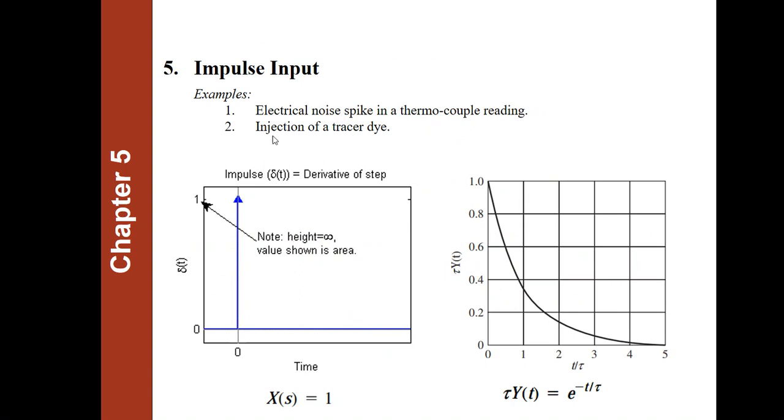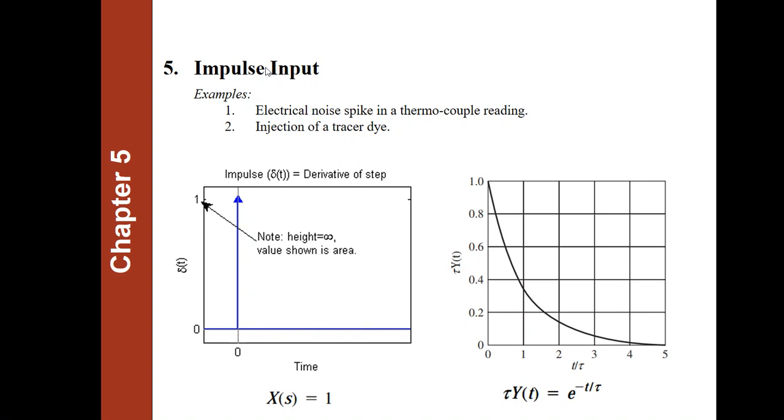Now, for the impulse, if you remember what I mentioned, one of the representations of the forcing function is just a mathematical approximation when we were discussing Laplace transform. This particular representation is the impulse representation.